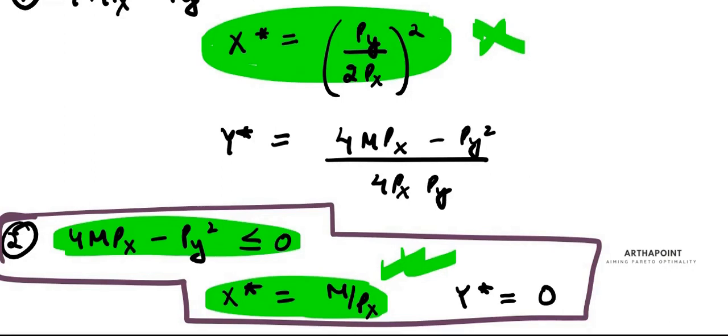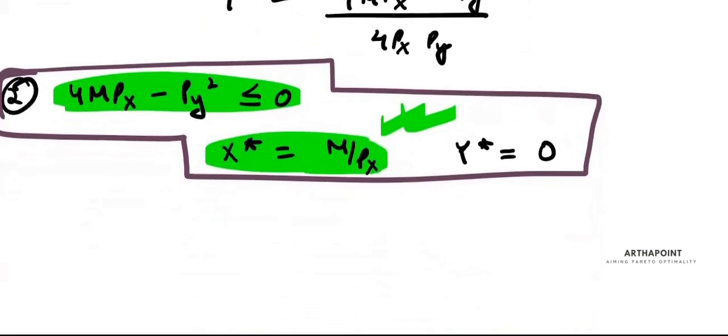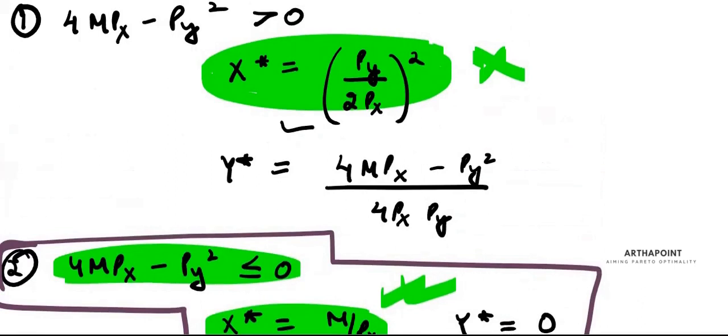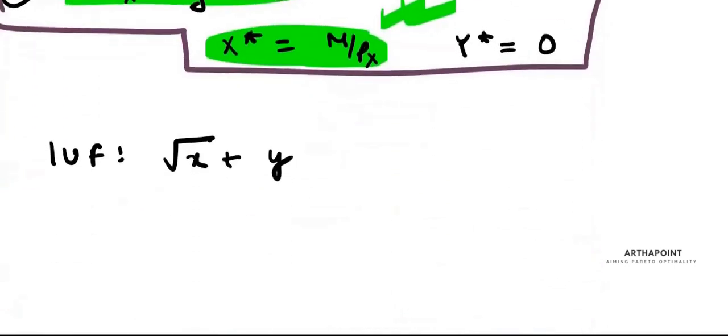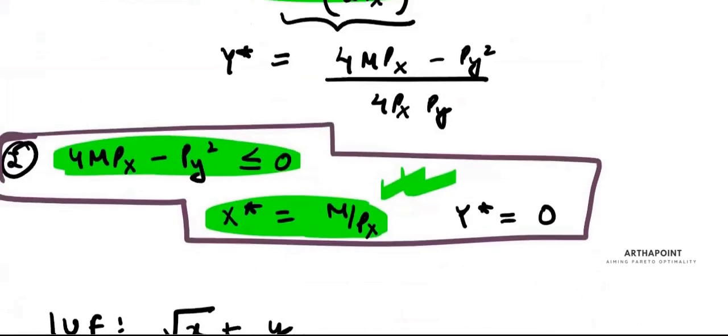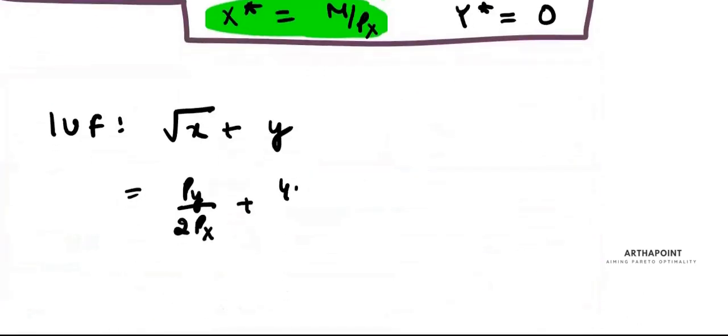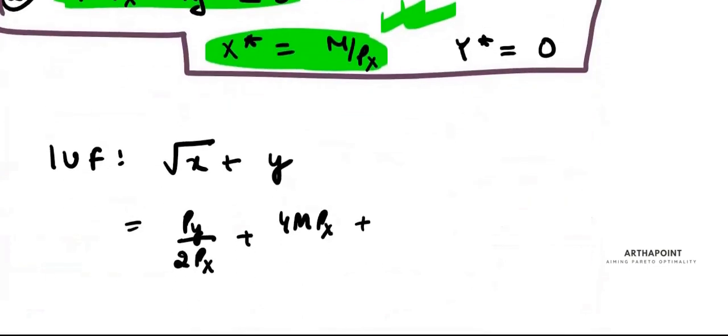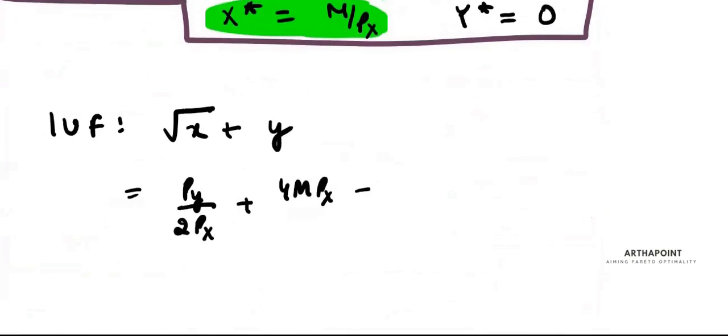Now, once you have found the Marshallian demand, then it's simple. You can do it. Indirect utility function will be root x plus y. So in this case, it will be root of x, which is root of (py by 2px), and y will be (4mpx minus py square) upon 4px py.